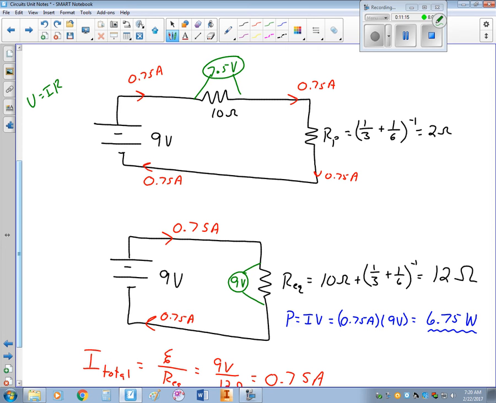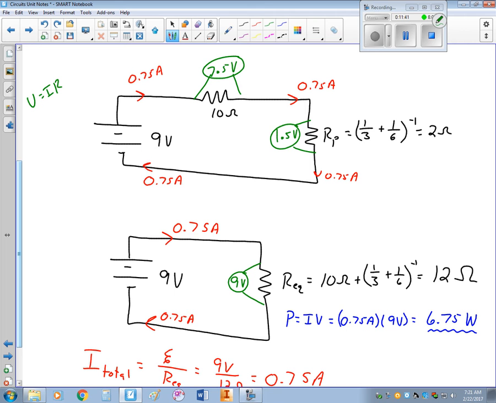And then if I did 0.75 amps times 2 ohms, I would find that I have 1.5 volts across that resistor. And again, 7.5 plus 1.5 adds together to give me my 9 volts. So conservation of energy is still being applied. That's still good.